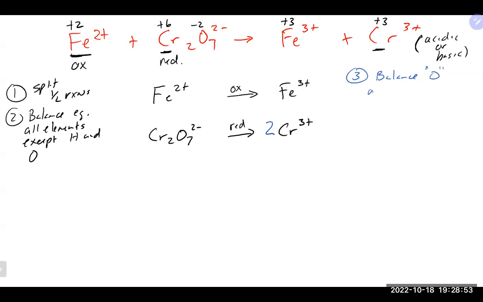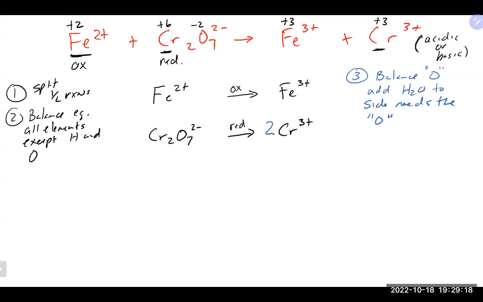The way that we balance oxygen in this type of situation is that we add water to the side that needs the oxygen. Whatever side needs the oxygen, we add water to it. Now, when we add water, we're not just adding oxygen, we're also adding hydrogens. So that's going to throw off our hydrogen count.